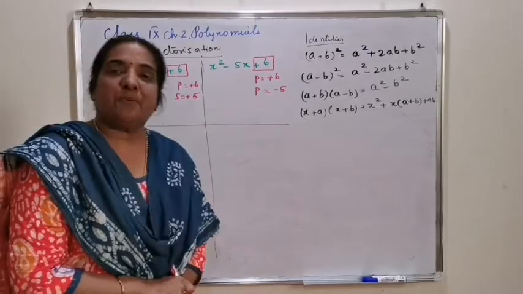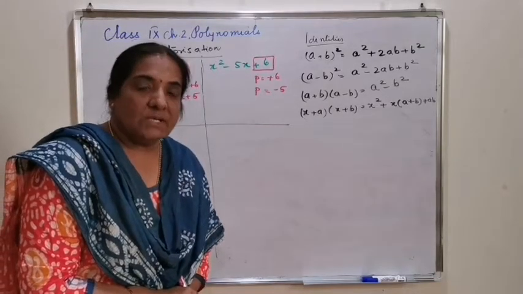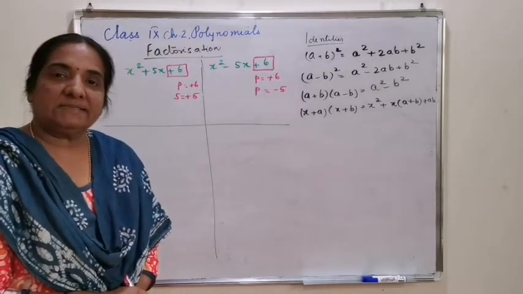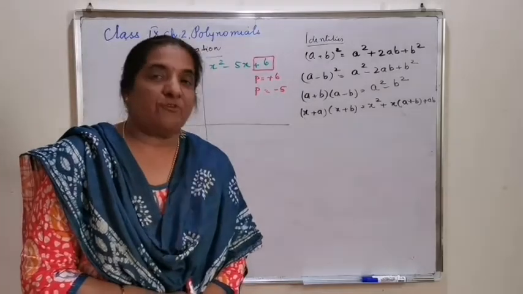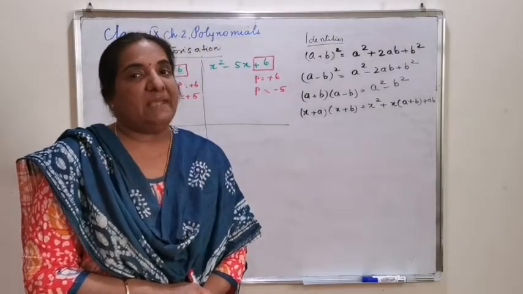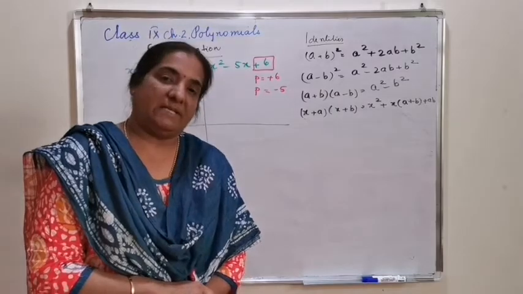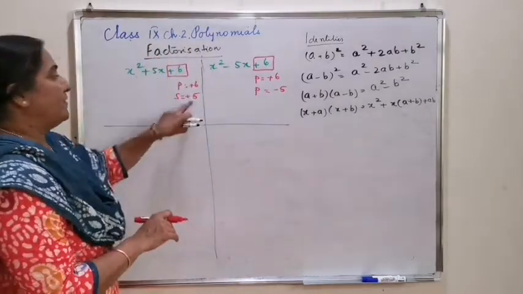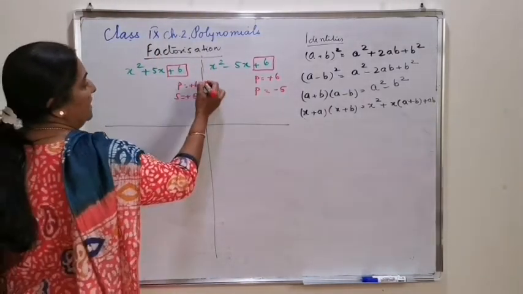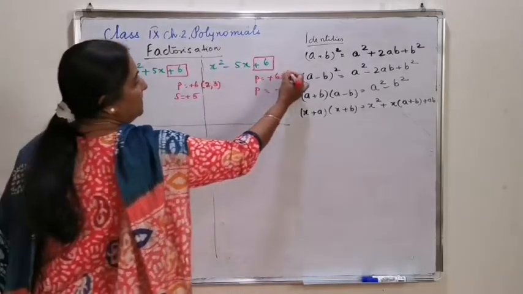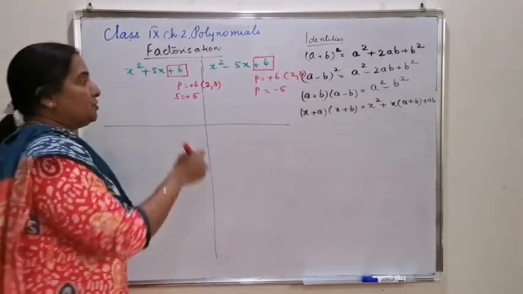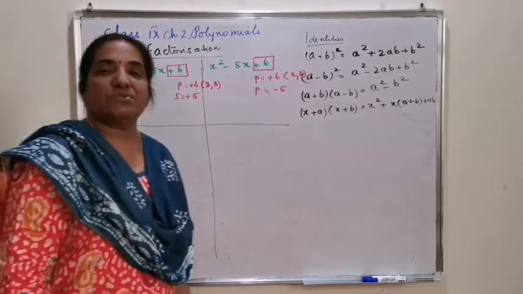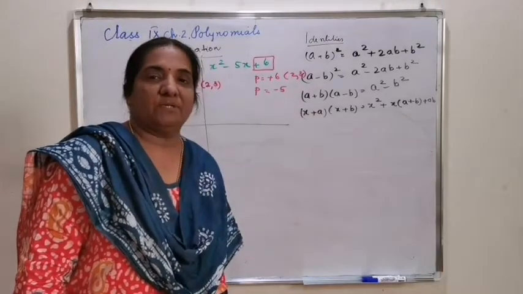When the product is positive, the rule is that the factors you are selecting for 6 should be added in such a way that the sum is 5. The factors are 2 and 3 because 2 into 3 is equal to 6, and also 2 plus 3 is equal to 5.